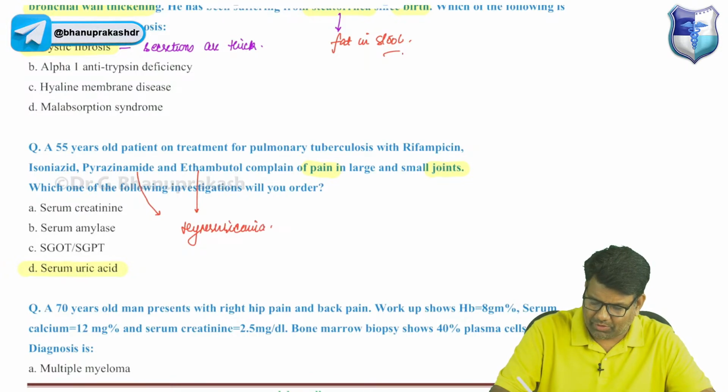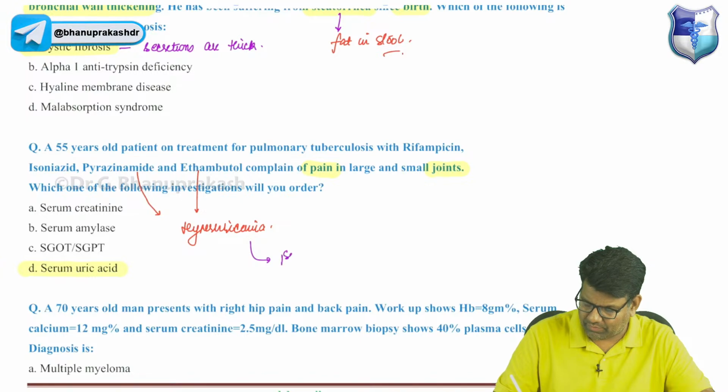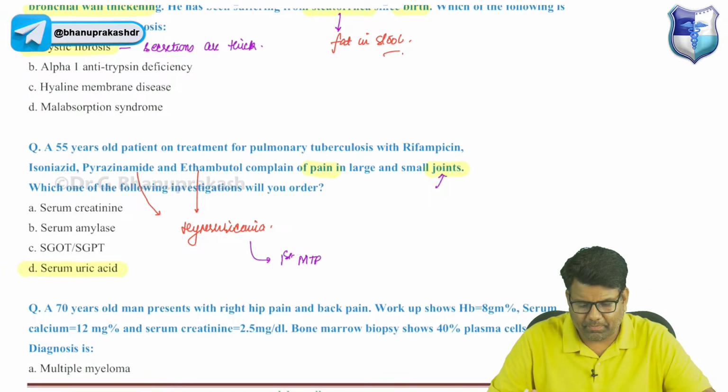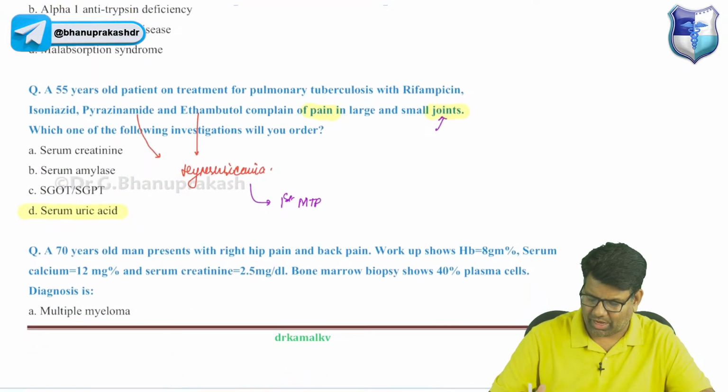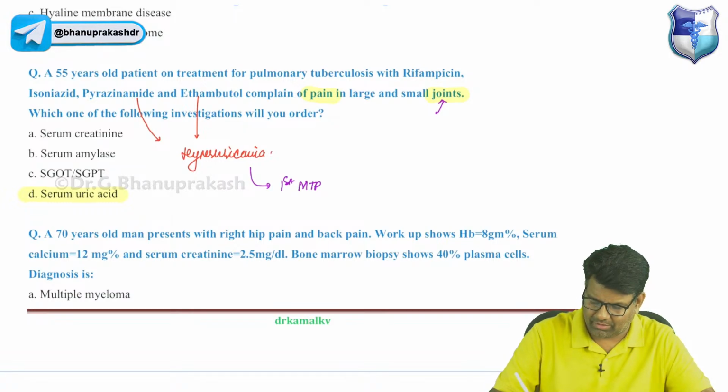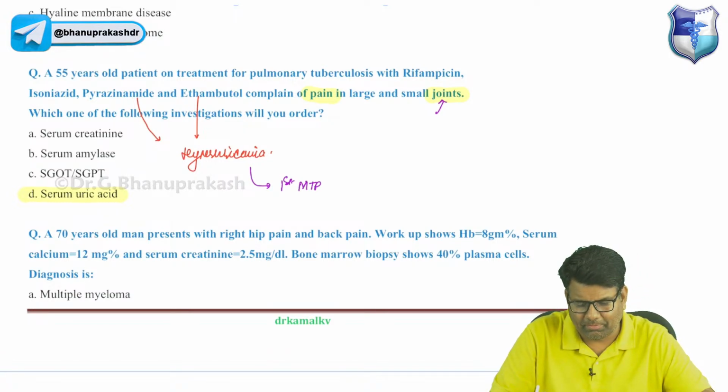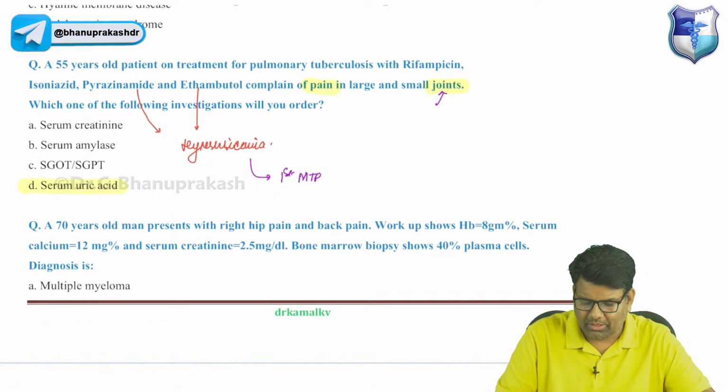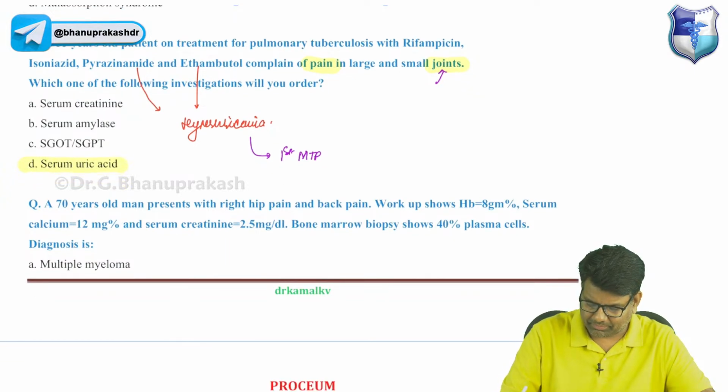And we know that hyperuricemia can present as gout. Very good. So hyperuricemia can be a side effect of pyrazinamide as well as ethambutol. Please consider this.